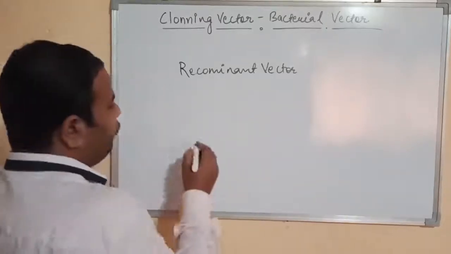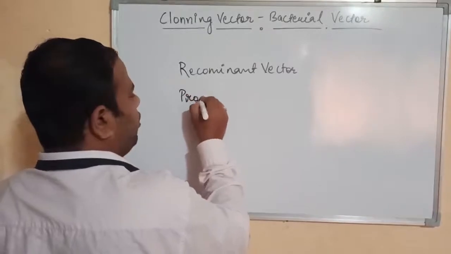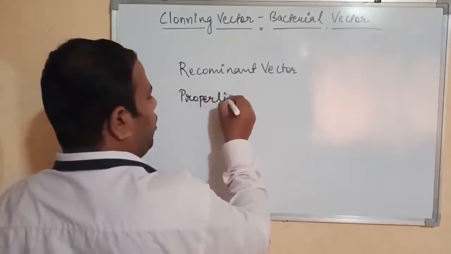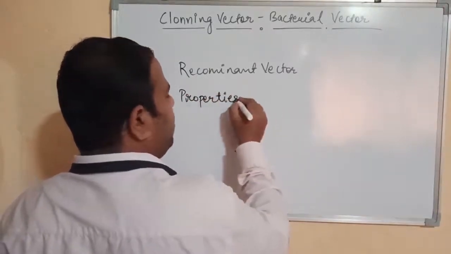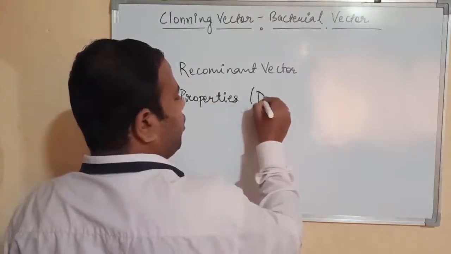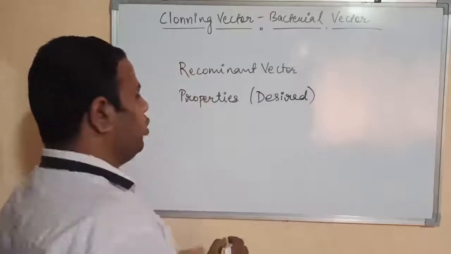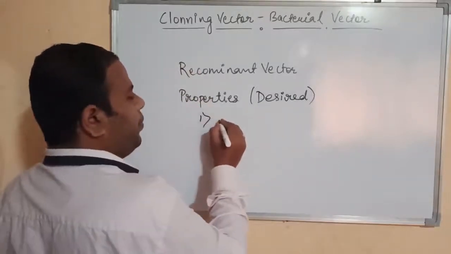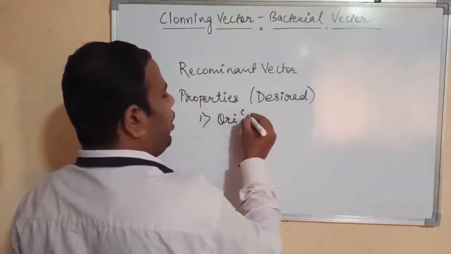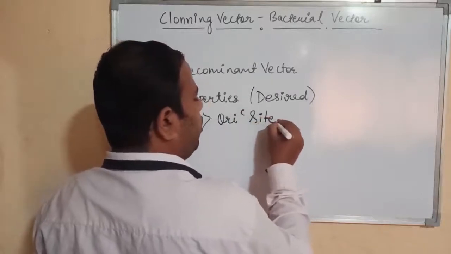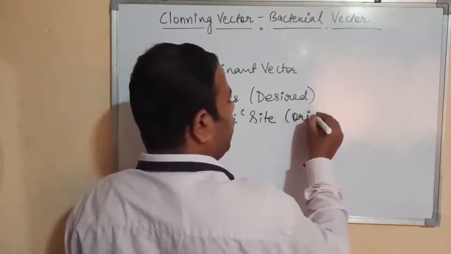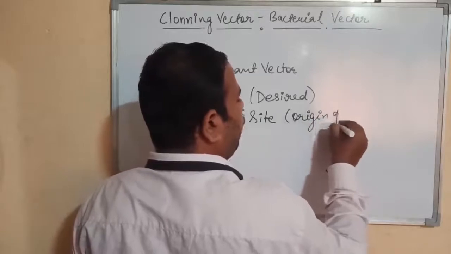So let's see what are the different properties of a vector that are desired for a successful cloning experiment. First property is the presence of an ORI site, or origin of replication.